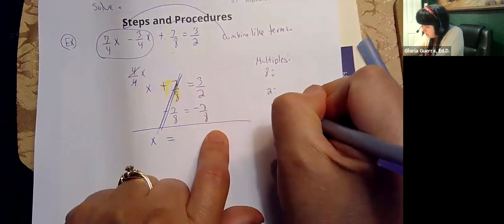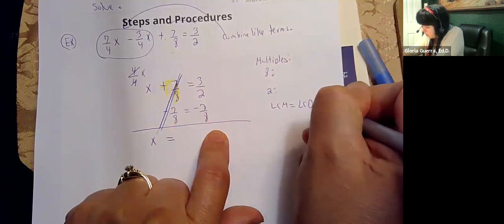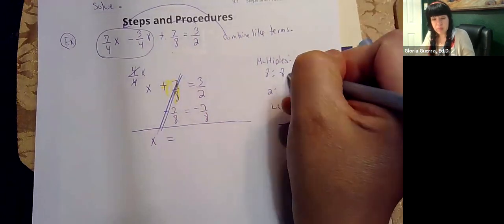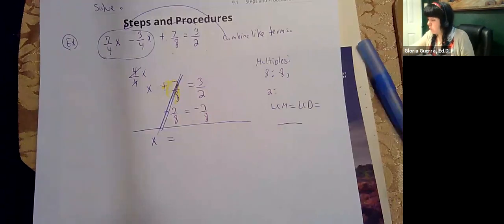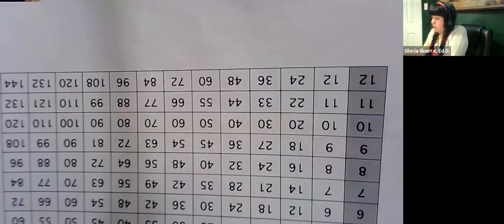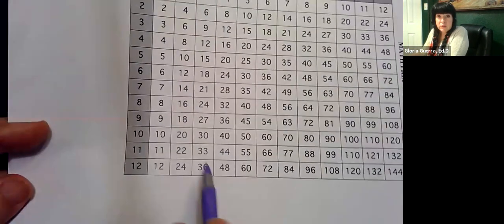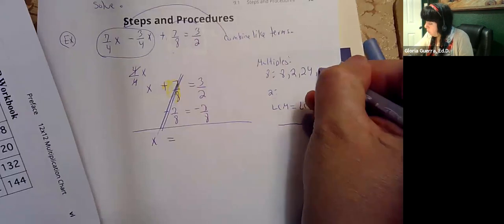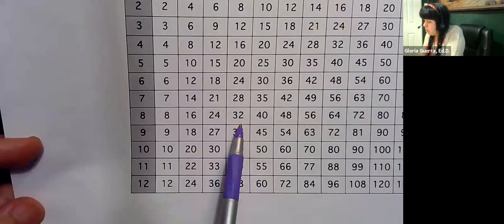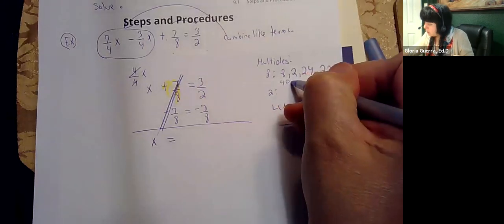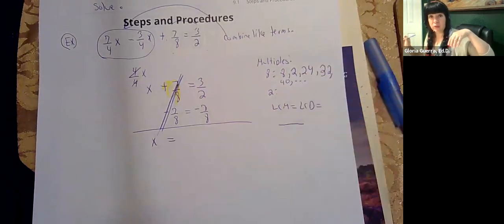LCM equals LCD. 8 times 1 is 8. 8 times 2 is 16. 8 times 3 is 24. 8, 16, 24, 32, 40. Now let's try 2.